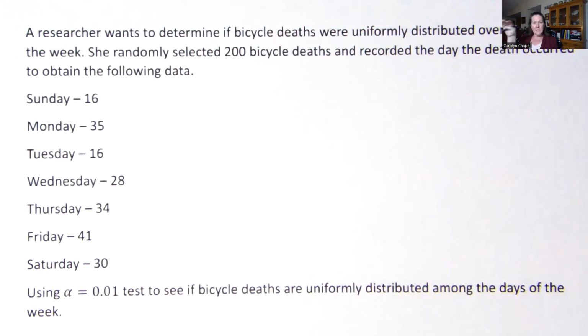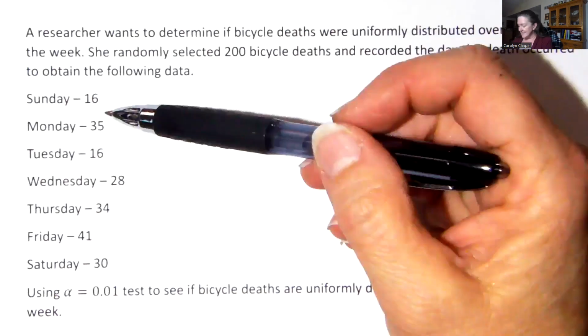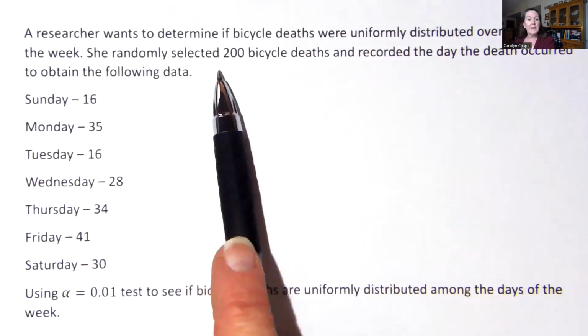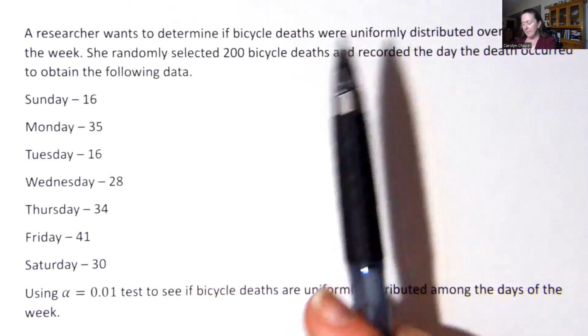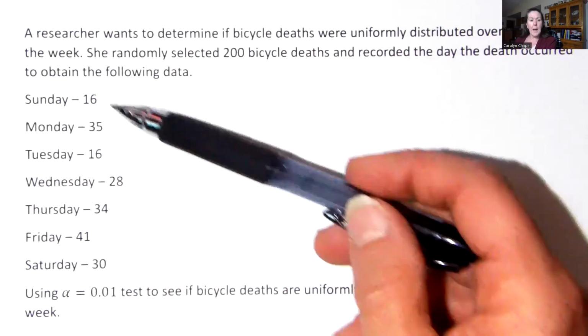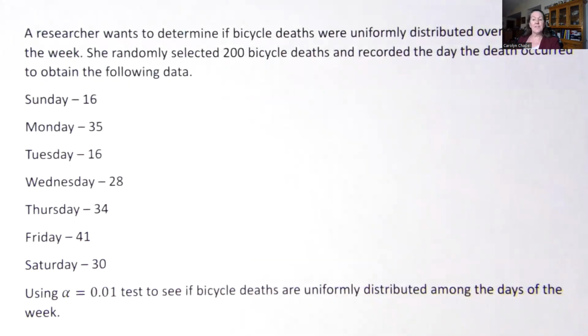And that means evenly across the board. Okay. If I'm just glancing at these numbers, because she randomly selected 200 bicycle deaths and recorded which day they happen, these numbers don't look like they're about the same. But are they different enough to say that the bicycle deaths are not uniformly distributed?